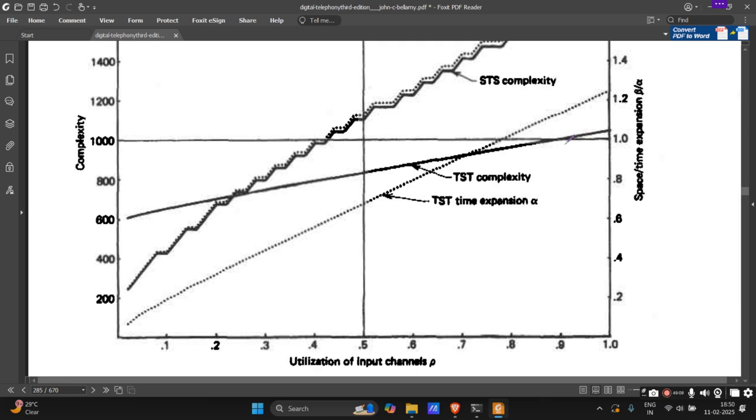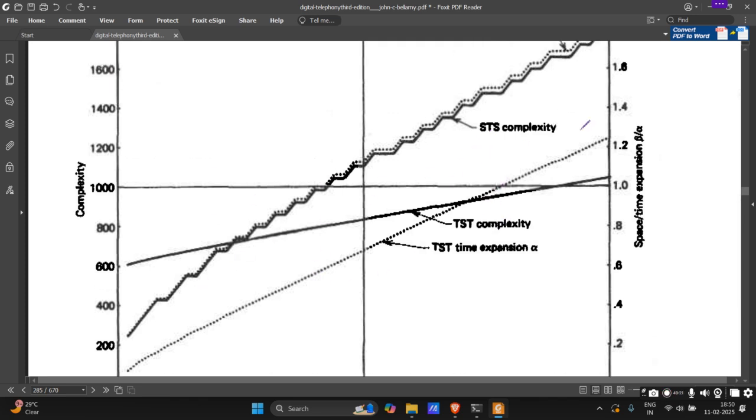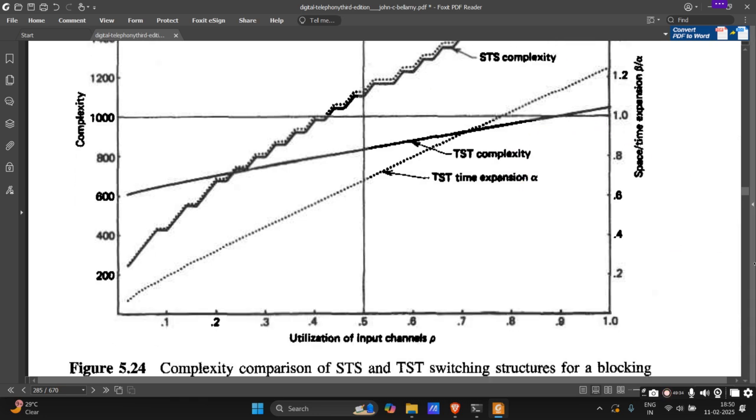It does not increase that much. So in low traffic, we should use STS. But in STS we have 2 space division switches. So when we have high traffic, the number of cross points needed is very high. So the STS complexity goes up, whereas the TST complexity remains low.